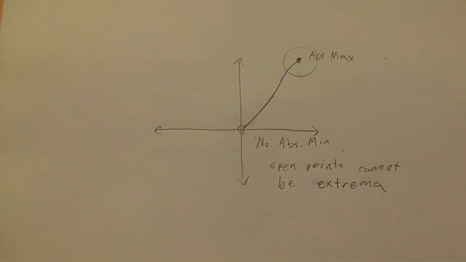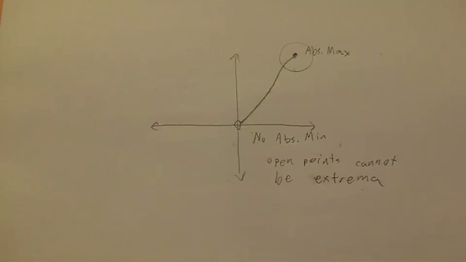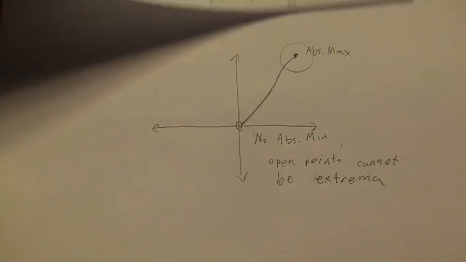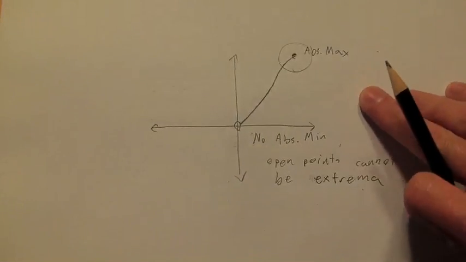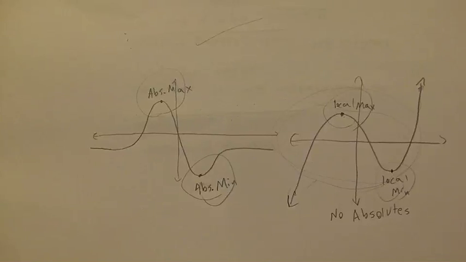So for all these examples, our global maxes and mins, our local maxes and mins, here's where we get to the calculus of it all, except for this example, but we'll come back to that. Let's take a look at the tangent lines of what's happening at these maxes and mins.